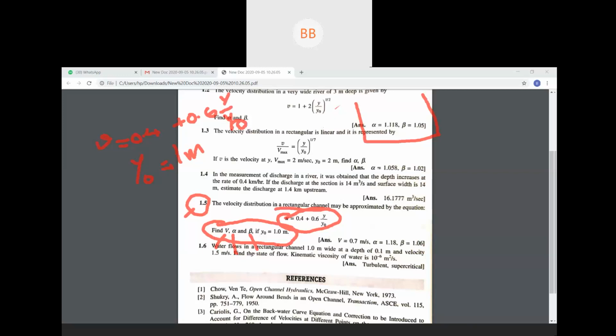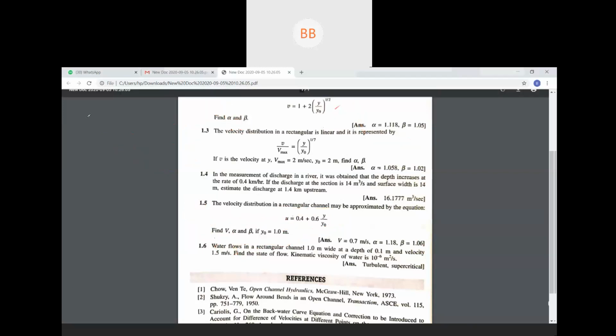So definitely we have to first solve for the average velocity. So what is the average velocity equation for a rectangular channel? It's 1 by y naught, integration from 0 to y naught, v dy.